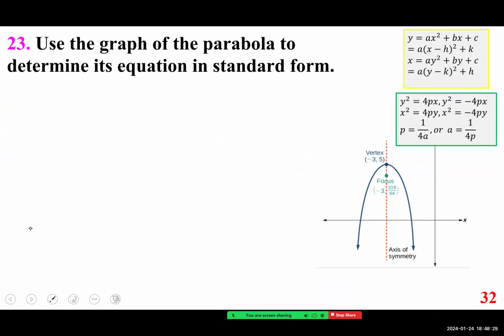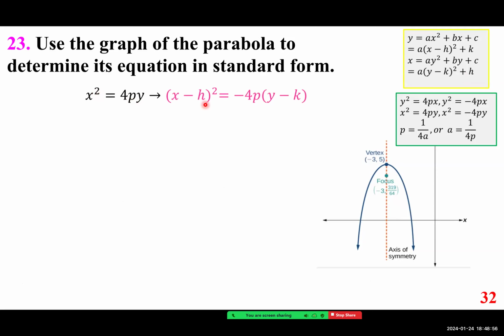Use the graph to determine the equation in standard form, and this is the format that they want. I'll show you both ways. And notice here's the vertex, here's the focus, and so on. So if we use x squared equals 4py, because remember, when it opens up and down, x has the degree 2.